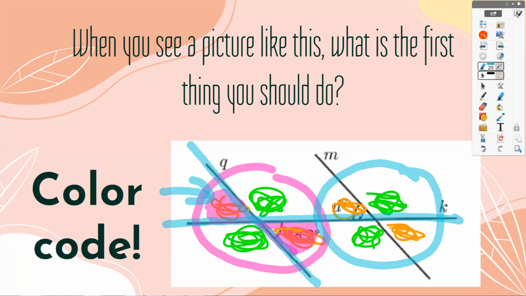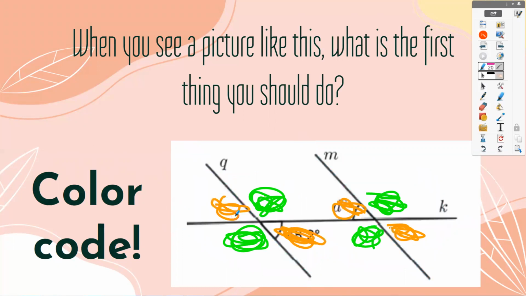So over here on the right-hand side, I want to be on top of my transversal, but the left of my parallel. So that means these two here, this one and this one, are corresponding. So corresponding are also the same size. So all the orange ones are equal, all the green ones are equal.